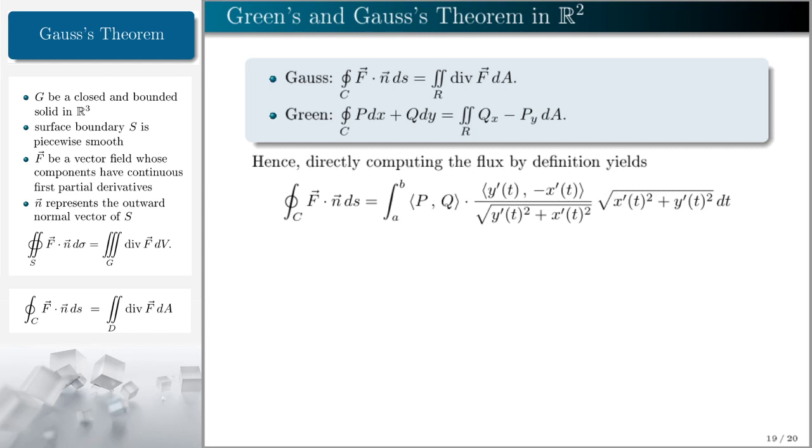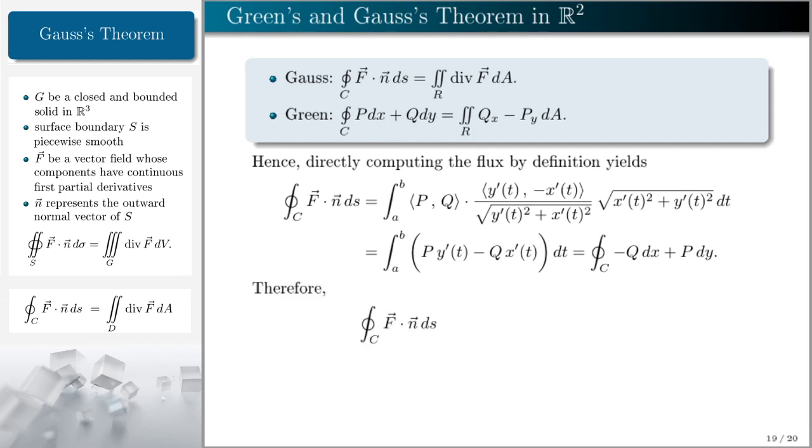If you cancel this out, you will obtain the integral of P y prime minus Q x prime dt from a to b. And since y prime dt is just dy and x prime dt is equal to dx, then this quantity will just be the integral of negative Q dx plus P dy over the curve C. It's very much similar to what we have right now for Green's theorem.